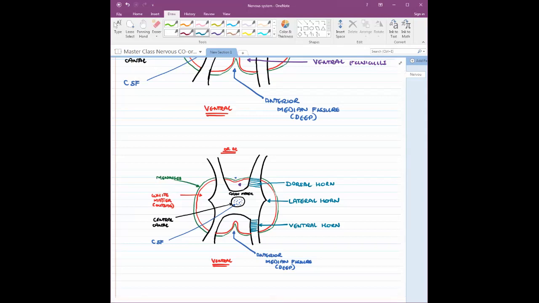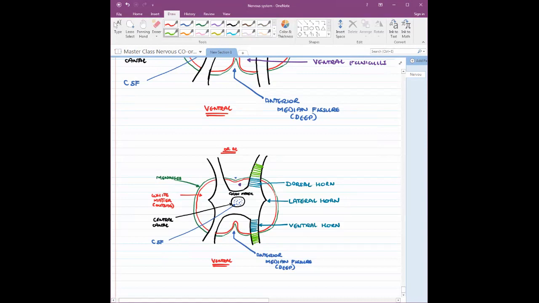But now these horns, guys, are going to come out and give rise to roots. As they come out of the white matter, they give rise to roots. This portion I'm drawing in green is your root.